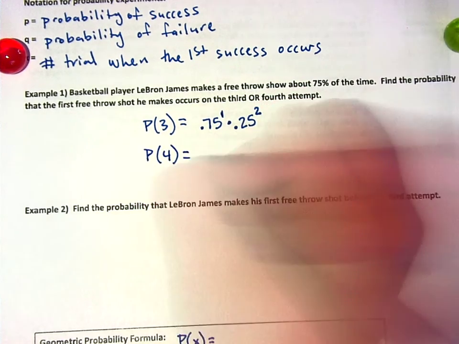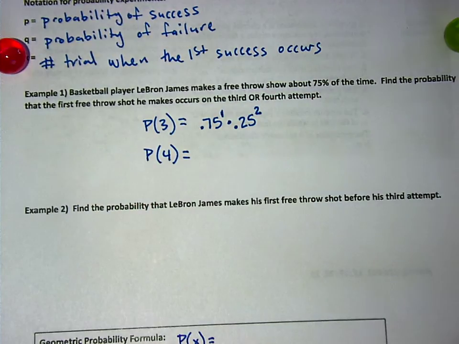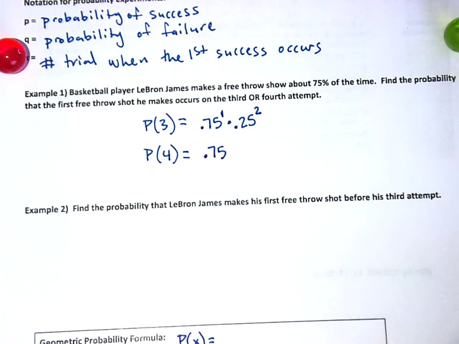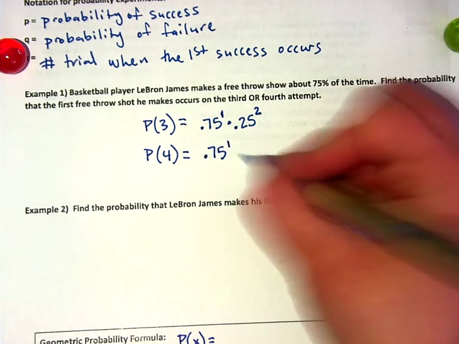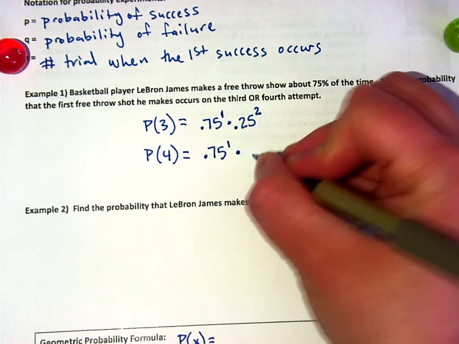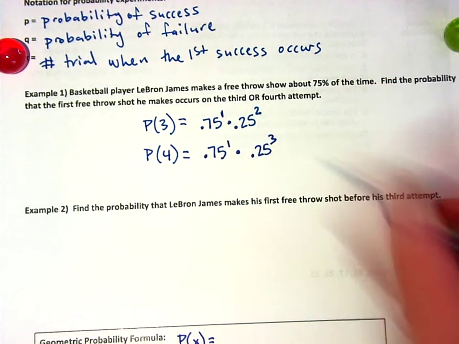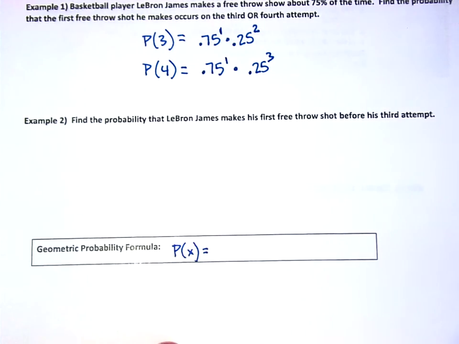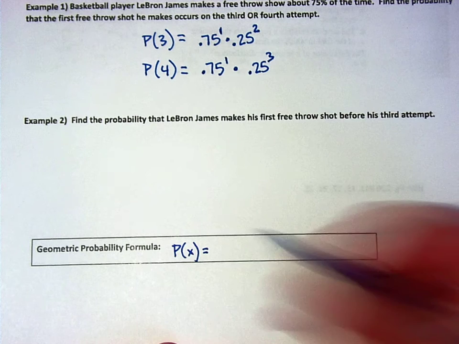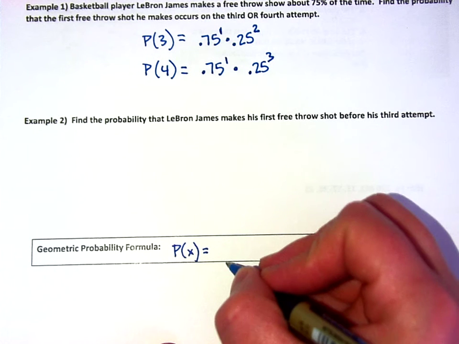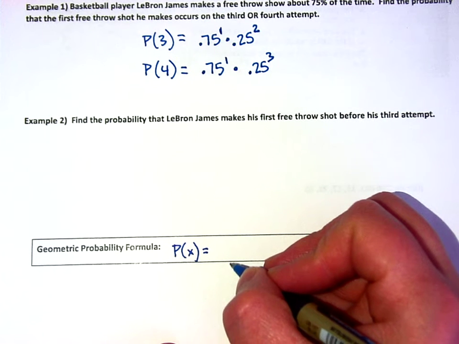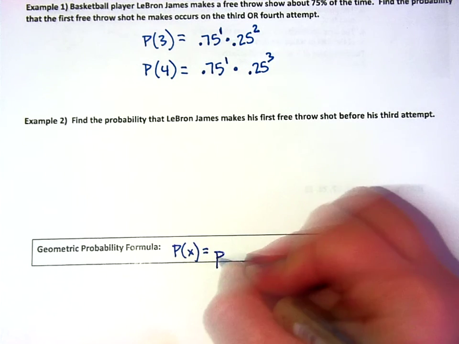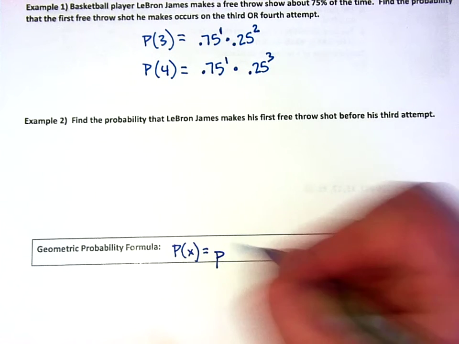Okay, so go for it again, Mason. Tell me this one. So it would be 0.75 to the 1. Yep. And then 0.25 to the third. Okay, all right. Can you tell me what's the probability of x in general? Would it be P? Yep, it'll be 1 every time.